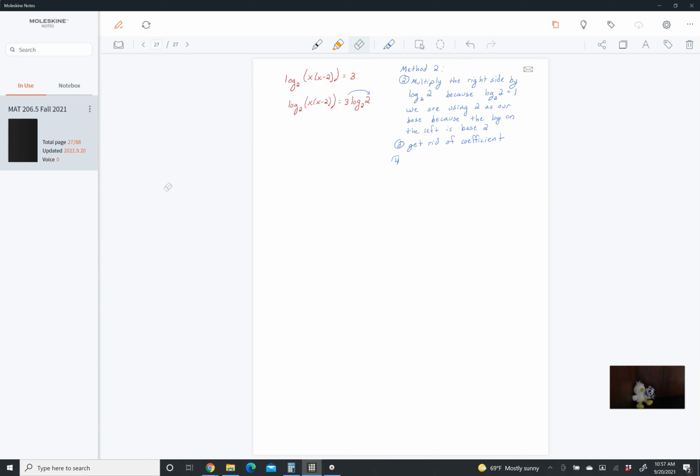And then we can use that rule that if the bases are equal, the arguments are equal.